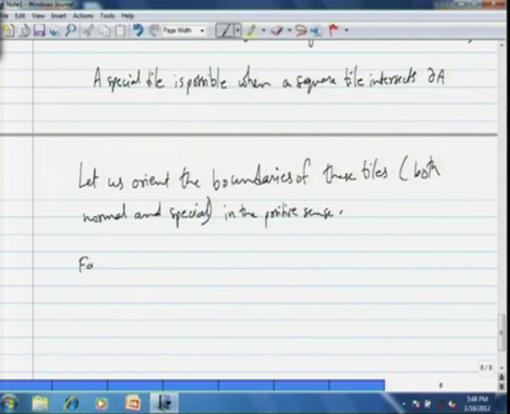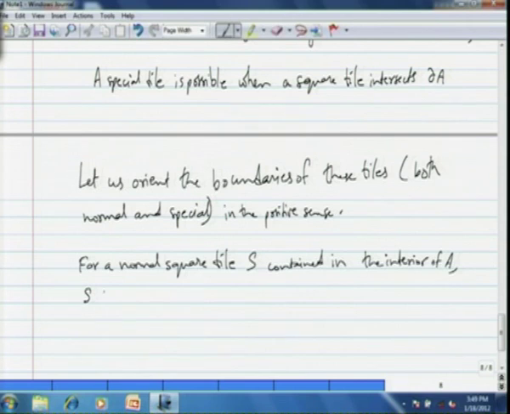After having done that, we notice that for a normal square tile, let us call it capital S, contained in the interior of A, S is clearly contained of course in omega, because A itself is completely contained in omega.